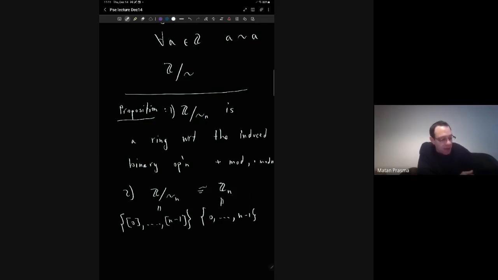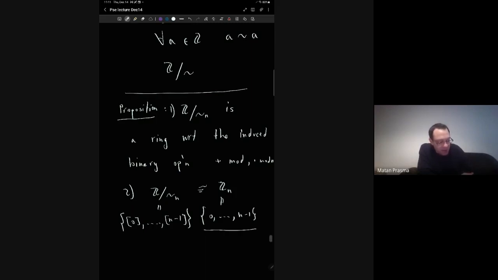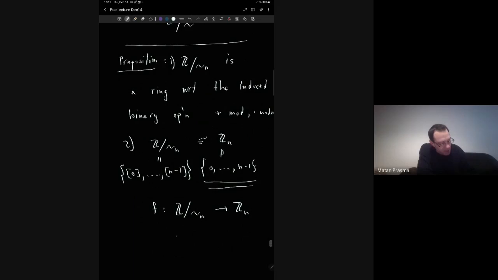And this addition and multiplication defines a ring which is isomorphic to this ring. If you want to define the isomorphism, in this direction, for example, you simply take the equivalence class of A, and you map it to the element A. Or, of course, here you could map it to A modulo n.